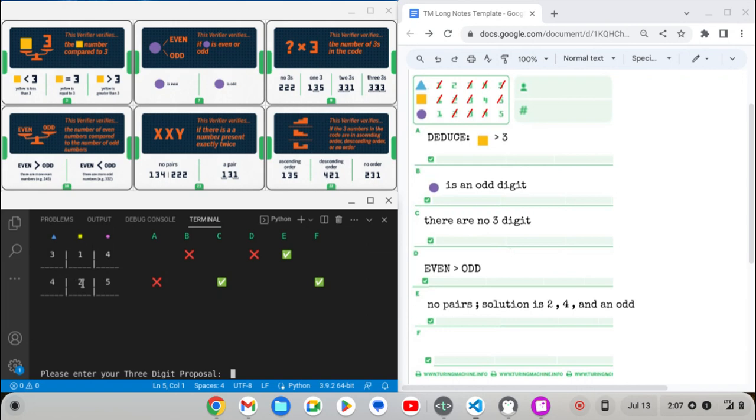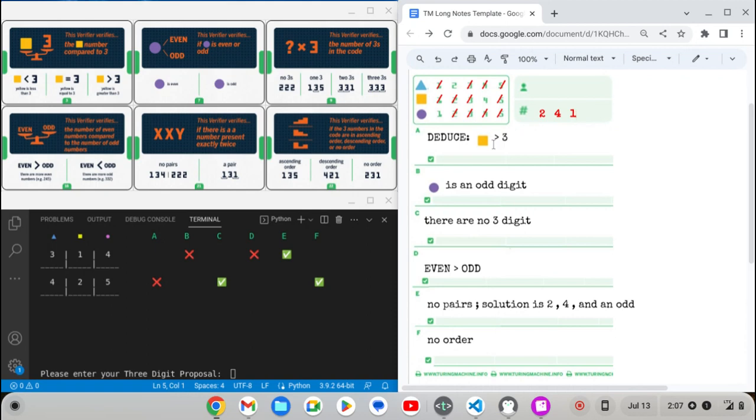So yeah, 425 has no order. It does go down to 2 and then back up. So that's one way to define no order. And so yeah, let me type up no order. And of course then that would mean that no, it's not a 5. So that means that our solution is indeed 2, 4, 1.